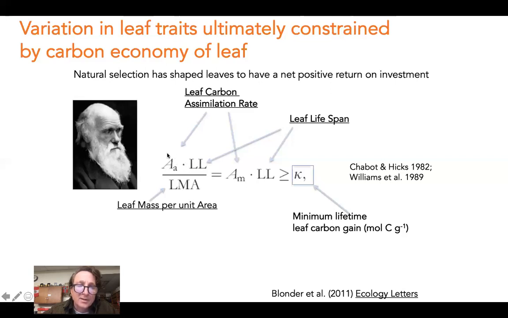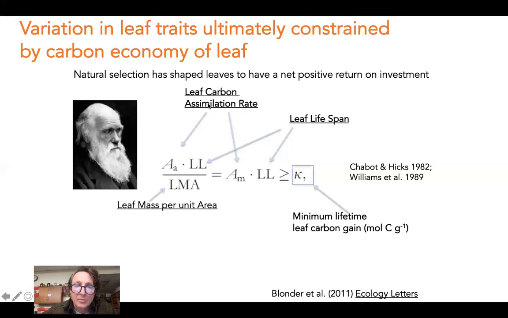Remember, the photosynthetic rate is the rate at which carbon is being assimilated, times the total length of time the plant is photosynthesizing, so how long it lives. But to make this dimensionally correct, this has to be divided by how much mass per unit area that leaf is, basically how much carbon is being invested into the leaf itself.